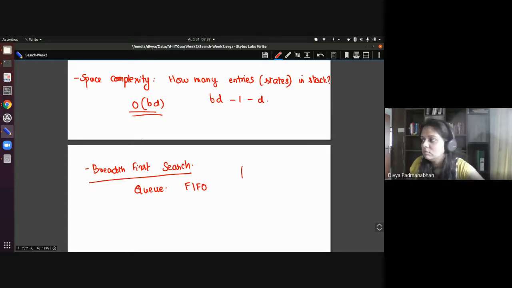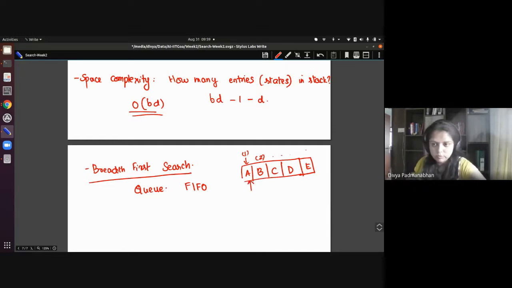Suppose you have a list like this, and this is the order in which you inserted the elements into the list. This came first, this was the first entry, this was the second, and so on. Now if you remove elements from this list, this is the first one which will be removed. Whereas if it was a stack, the last element is going to come out first.